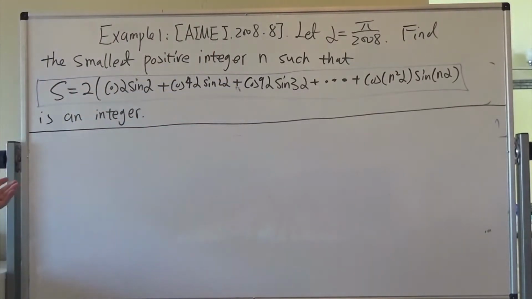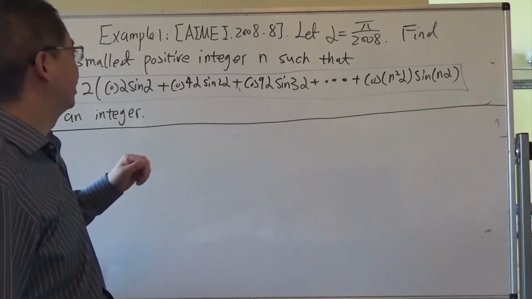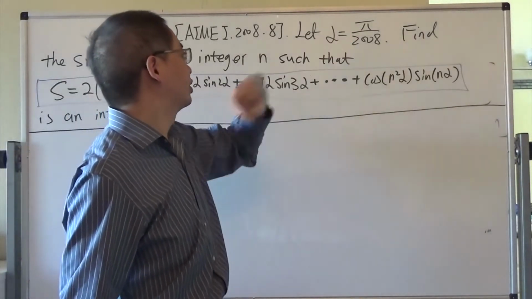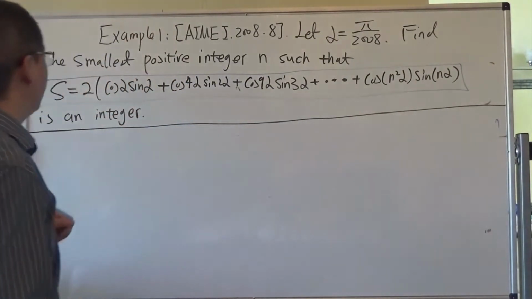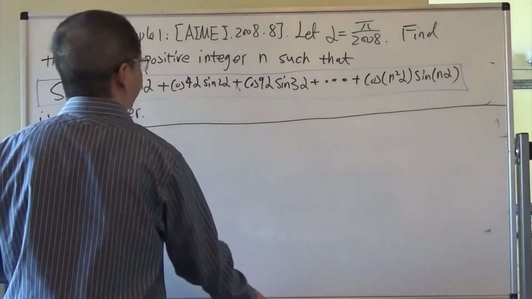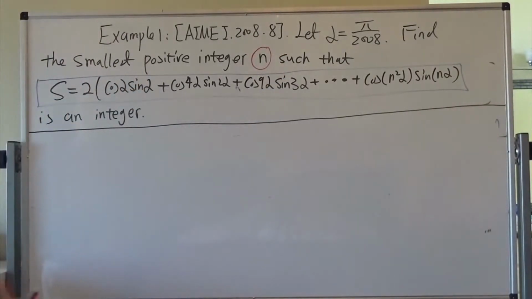Now, let's look at several applications of these product to sum and sum to product formulas. Example 1. This is a past AIME problem. The question says we have angle alpha equal to pi over 2008, in radians. We want to find the smallest positive integer n such that this expression is an integer.